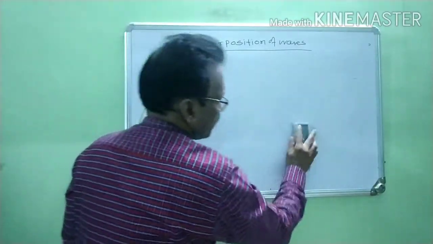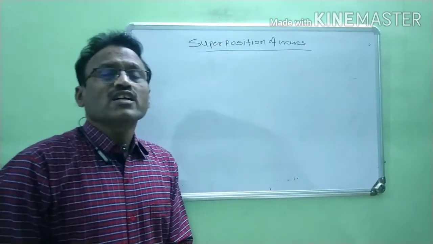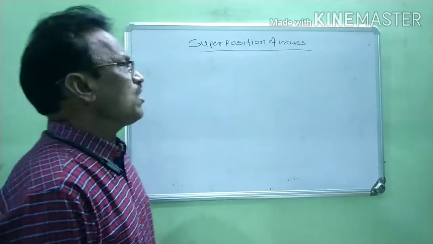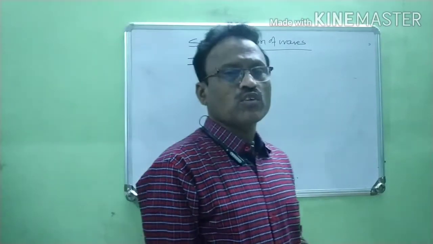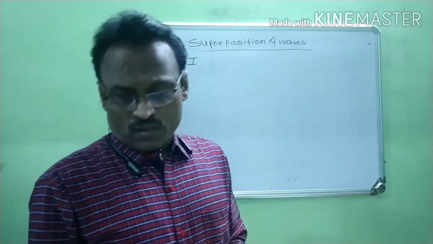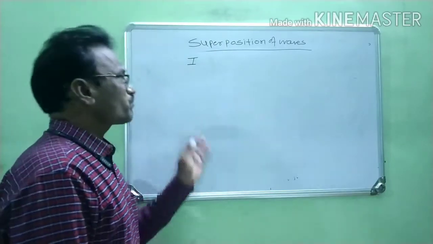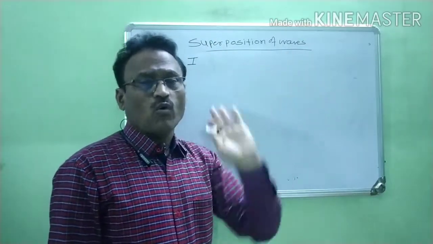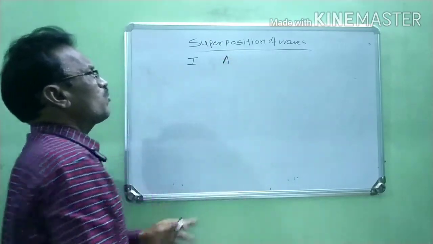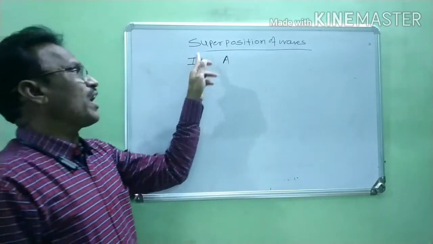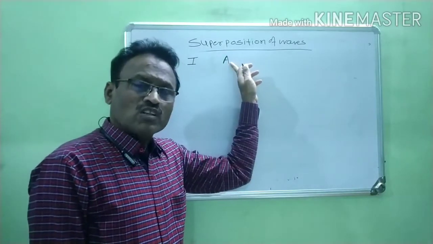Now we know that intensity of wave is denoted by I, and the magnitude, the amplitude of wave, is denoted by A. Now between intensity of wave and amplitude of wave there is one relation.